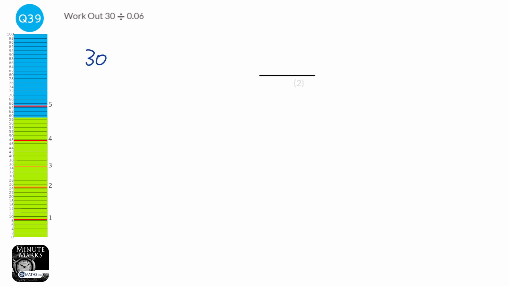So we just go times the 30 by 100, and times the 0.06 by 100 to make that 0.6. And this actually is the same calculation as 30 divided by 0.06. The reason being is that you can write that as a fraction. And you know with fractions, you can just times the top by something and times the bottom by something. It doesn't change the fraction at all. It just keeps it exactly the same.